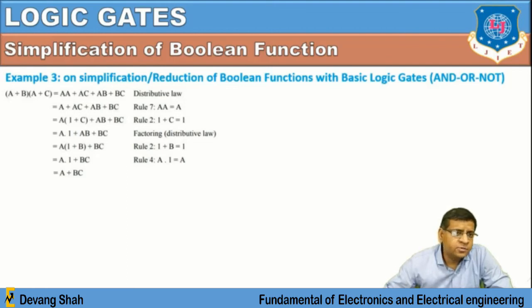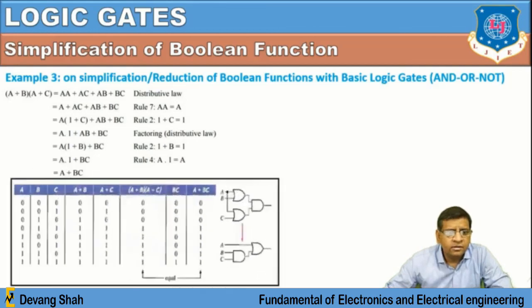Now you can check A plus B into A plus C. You require two OR gates and one AND gate, right? But after the final realization of the Boolean function, the answer is A plus BC, so it requires one AND gate and one OR gate. So here we have reduced one logic gate. That's how our circuit becomes faster and much more cost effective.